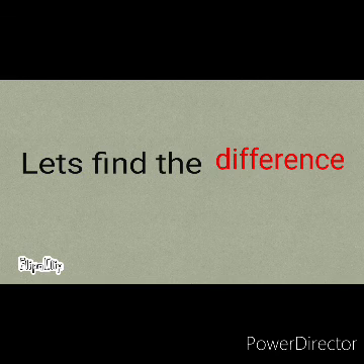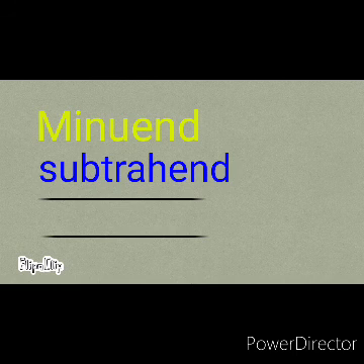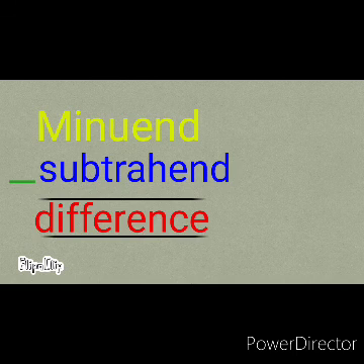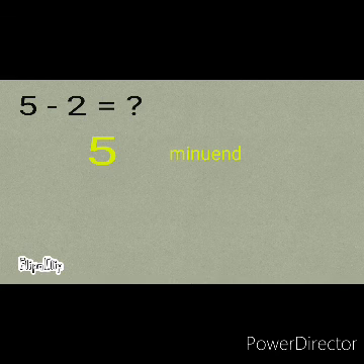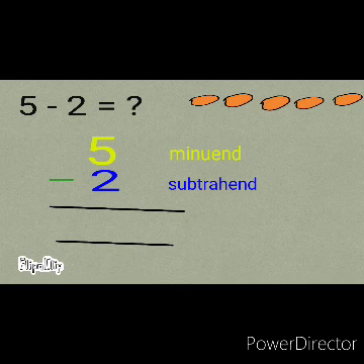Let's find the difference using the working out method. First, we have the minuend, the subtrahend, the minus sign, and the answer goes there. This is the difference. 5 minus 2 equals what? So we have the 5, the minus, the 2, and we have 5 mangoes.